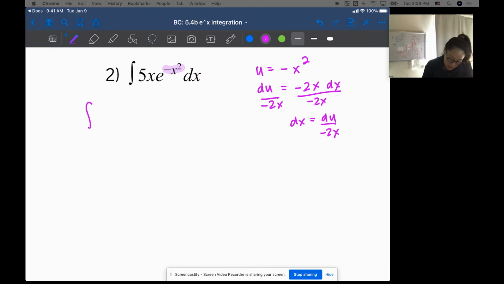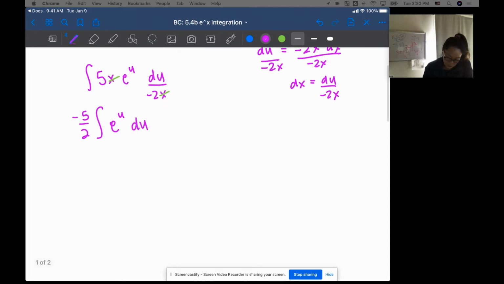All right, let's see what happens. I get the integral of 5x times e to the u times du over negative 2x. I see the x's cancel, and I'm going to pull out the negative 5 over 2 to the front, and then I'm taking the integral of e to the u du.